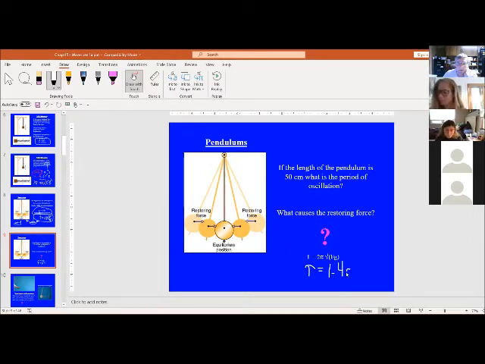Try it. For L, you're plugging in 0.5 meters, because you've got to convert it. Don't forget that stuff. And then for g, you're plugging in 10, like we always do, 10 meters per second squared. And you should get the period is 1.4 seconds.